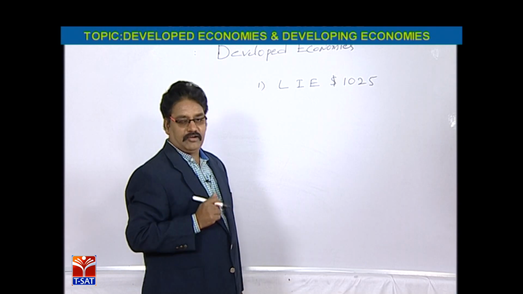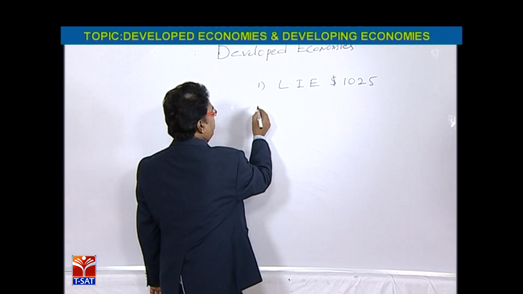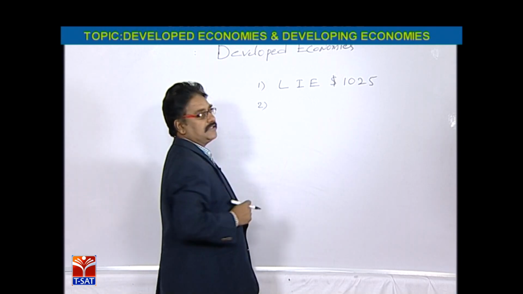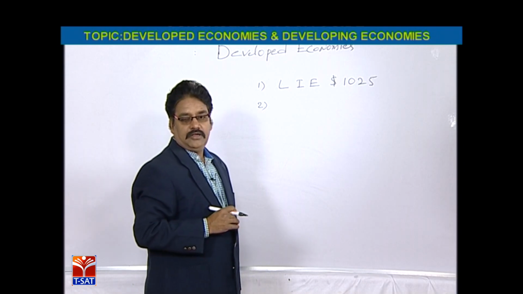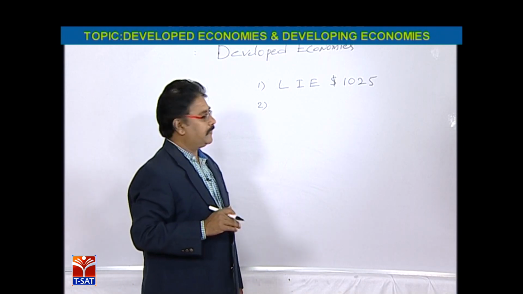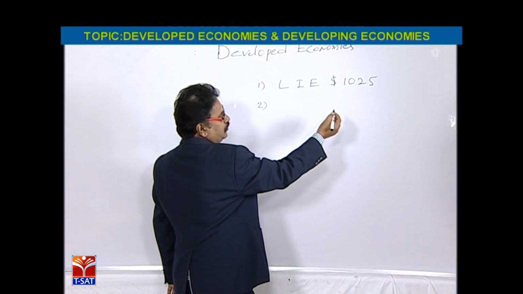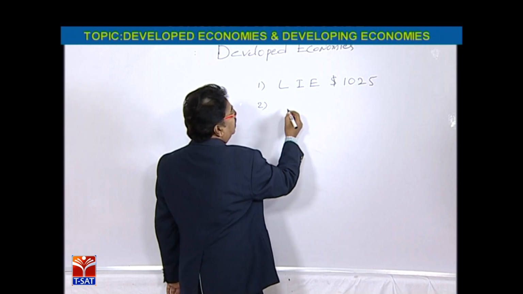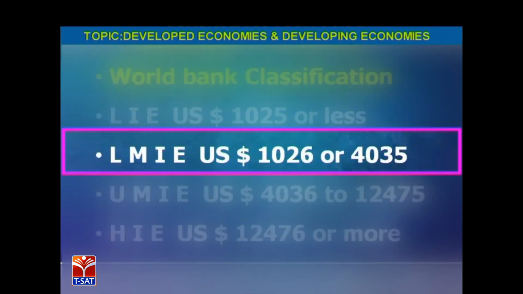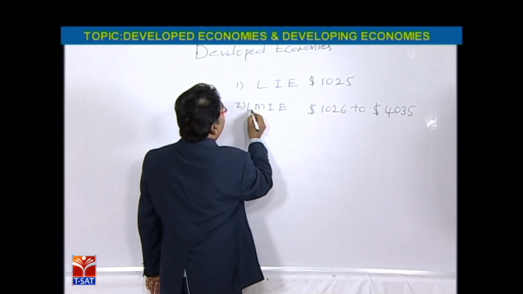And the second category, the countries having per capita income greater than $1,025, or we can say $1,026 to $4,035: lower middle income economies.